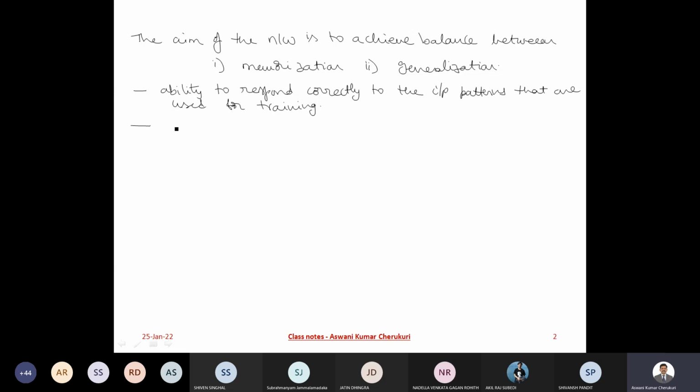What is generalization? Now, do you always provide inputs that are already trained? Certainly not.